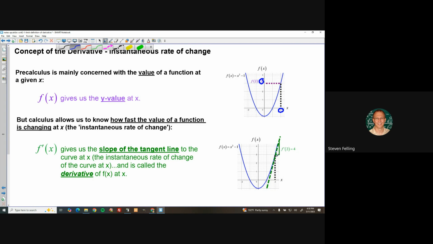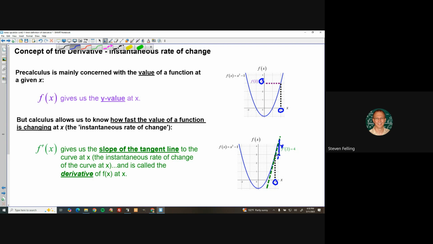Right? On the other hand, it would sometimes be interesting to know if x is 2, how fast is y changing? And that might be a slope value. Like let's say for every one additional x that we plug in, the y increases by 4. So we can't really say the slope of the curve, right?